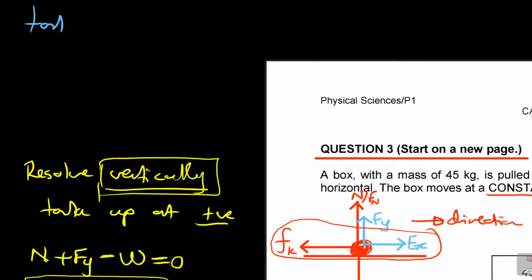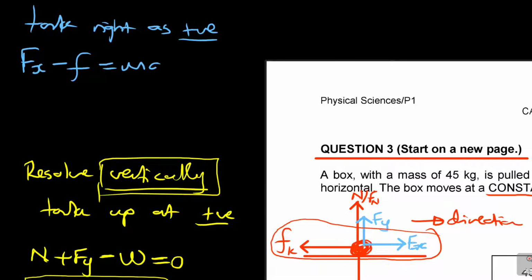Take right as positive, meaning the direction where it's moving is positive, which in this case is Fx, moving in that direction, and then minus friction, because friction is opposing, is equal to mass times acceleration.